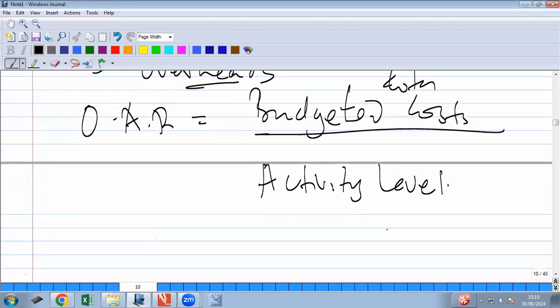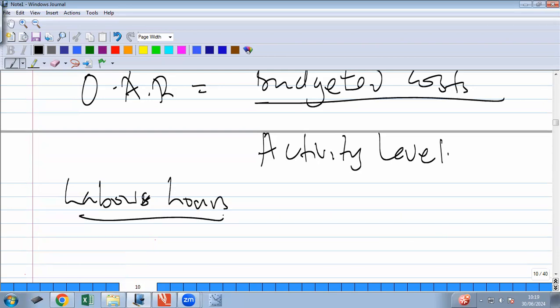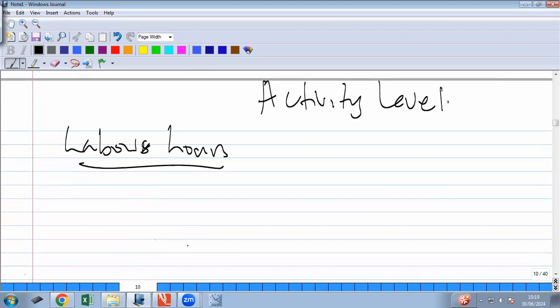So we need to know how many labor hours you are going to spend on all these activities, right? So maybe we can determine the labor hours first. If we had done a working before, it would have been easy for us.